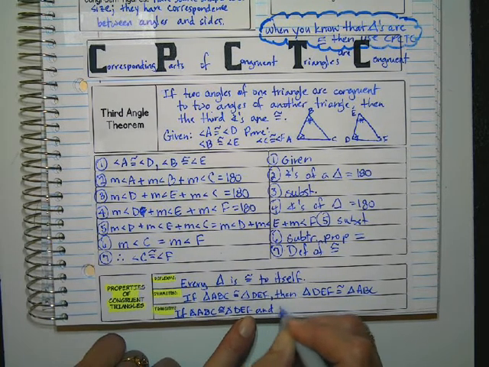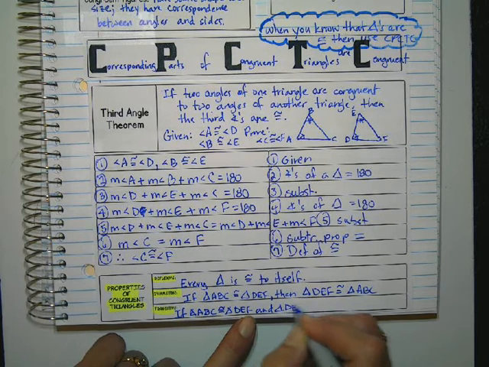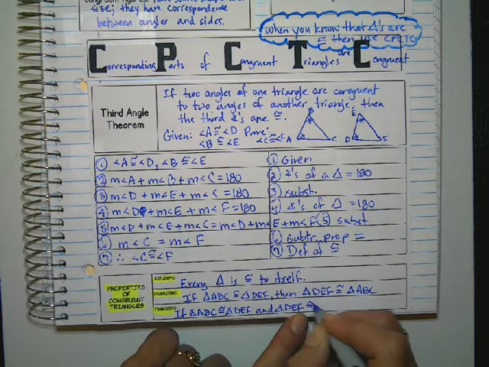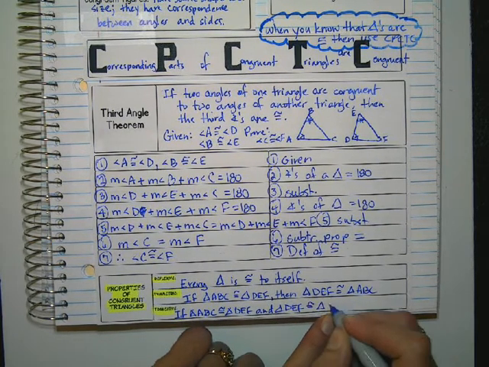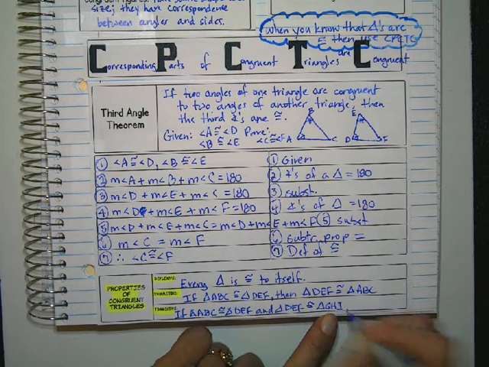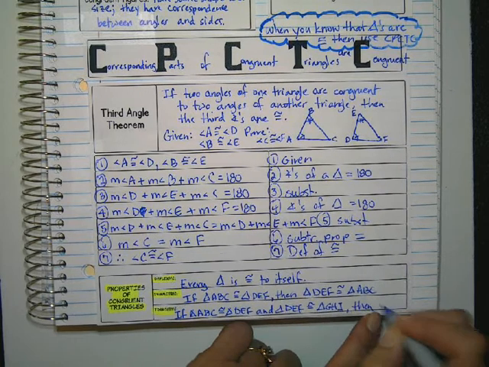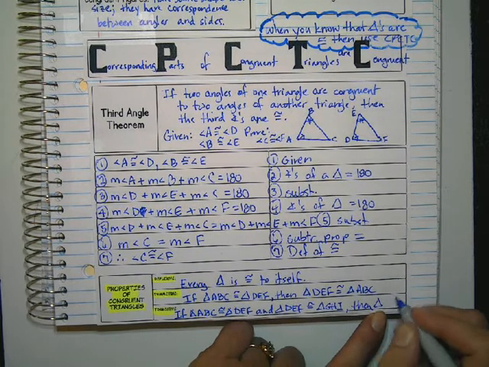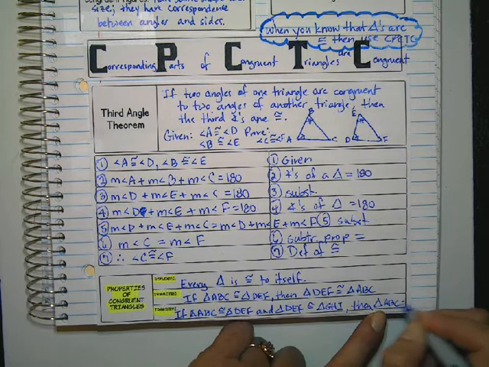Sorry there, I got off the page a little bit. Let me move that up so you can see it. Transitive: if triangle ABC is congruent to DEF and DEF is congruent to GHI, then triangle ABC is congruent to GHI.